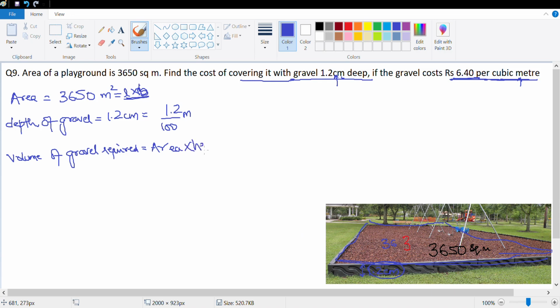So area into height, which means 3650 into 1.2 upon 100 meter cube. I can cancel this, and now I'll have to multiply. Should I multiply now or later? Let's see, we'll keep it for later. So this is 365 into 1.2 upon 10 meter cube.